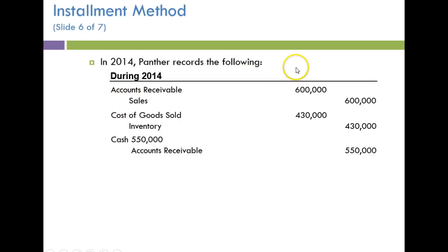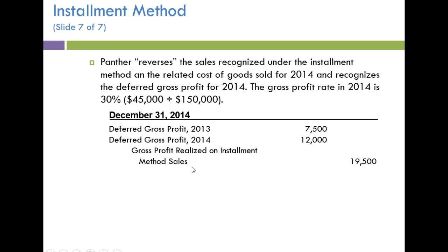In 2014, the same thing's going to happen. It shows all the sales, all the receivables, all the cost of goods sold, credits the inventory, shows the cash and the receivables. Then it's going to reverse again that sale recognized under the installment agreement and show the gross profit amount.